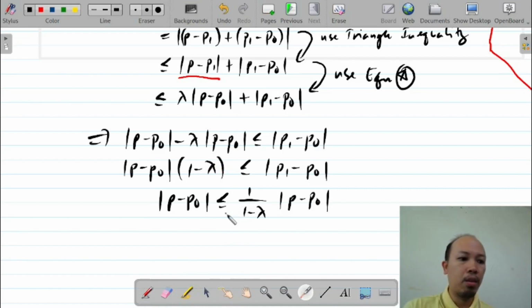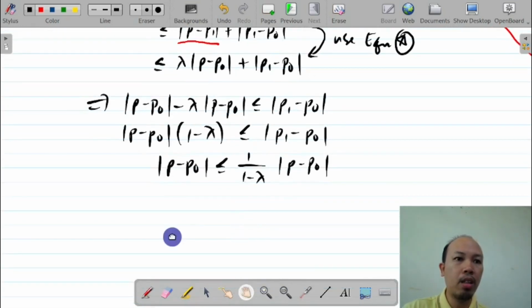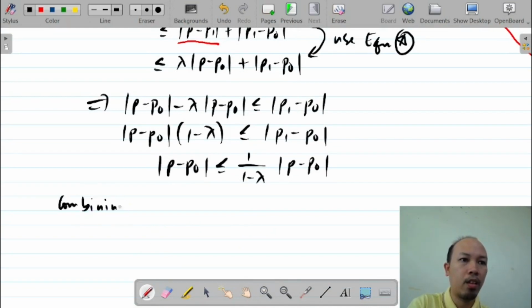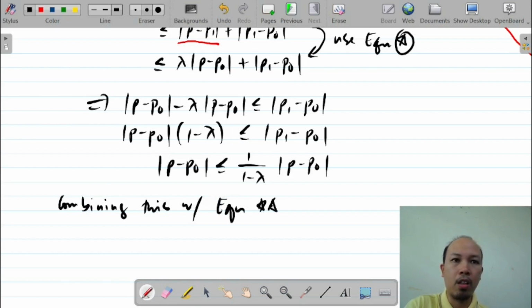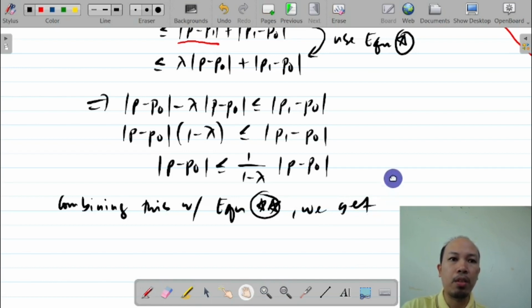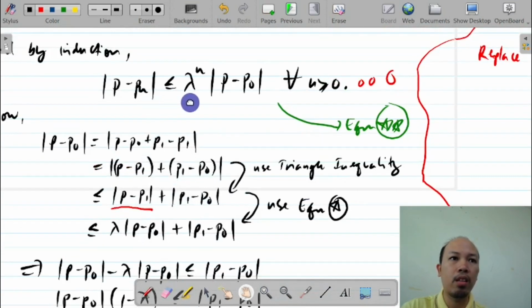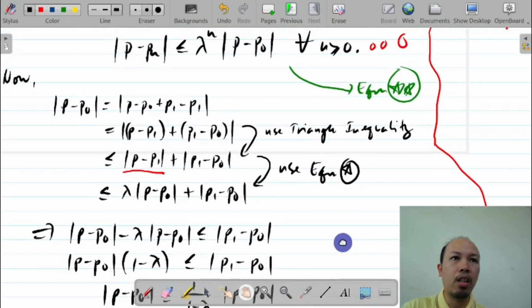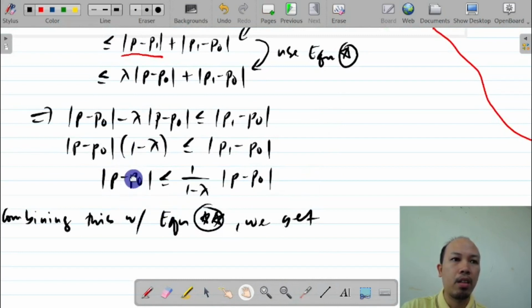Okay, so combining this with equation double star, we see that |p − p_0| is bounded by the expression 1 over 1 − lambda times |p_1 − p_0|.